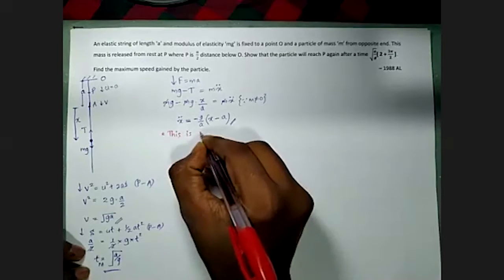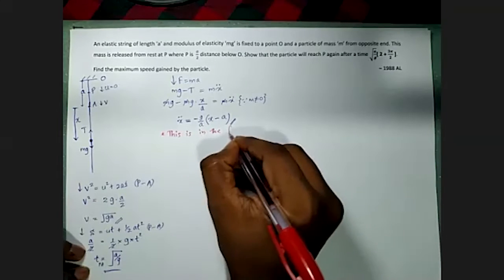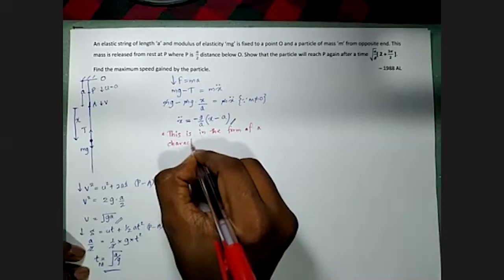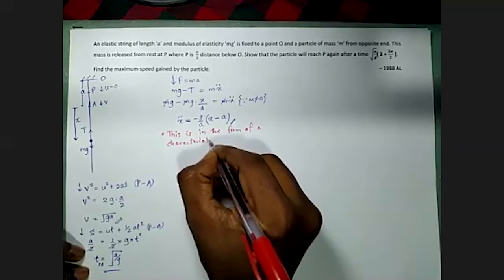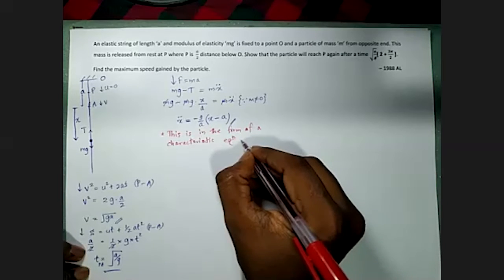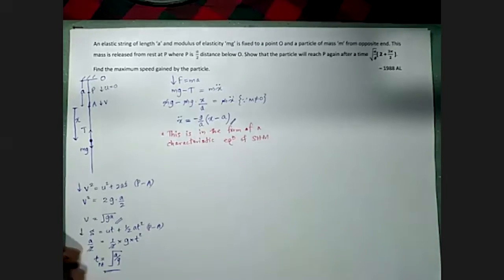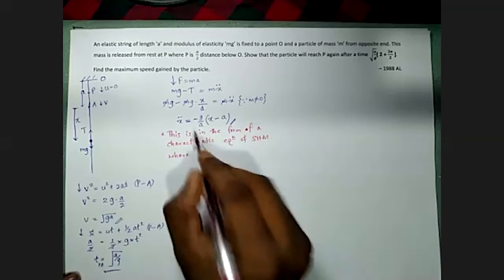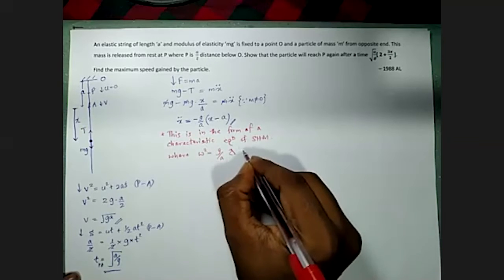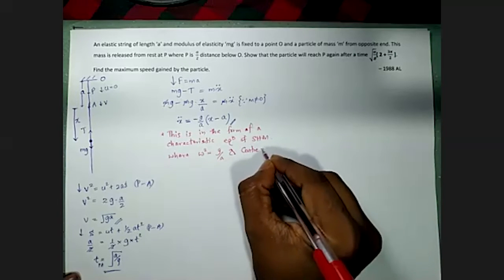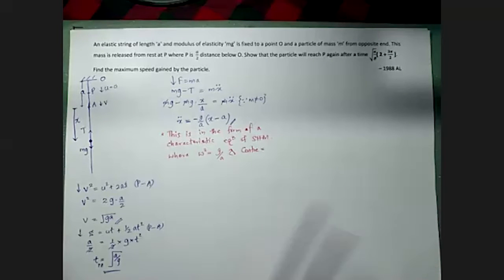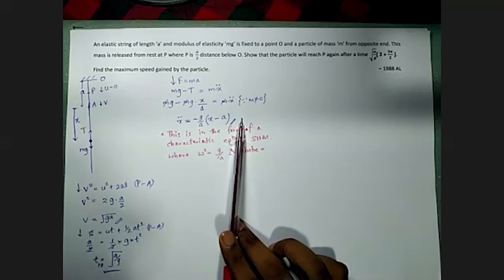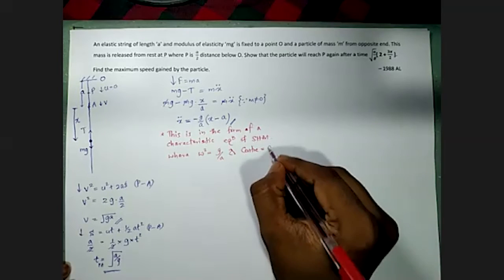This is in the form of a characteristic equation of simple harmonic motion, where omega square, the constant, is g over a, and the center, which is our x, we have to equate this bracket to 0, and the value of x will give you a.